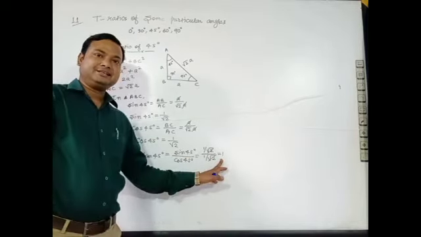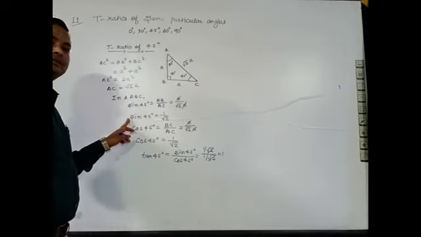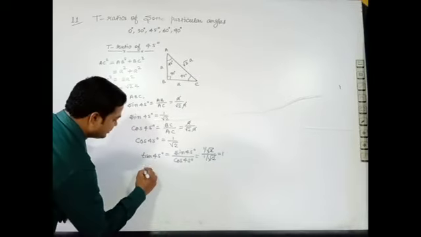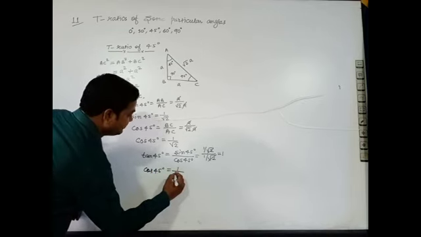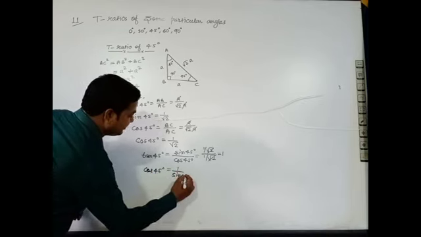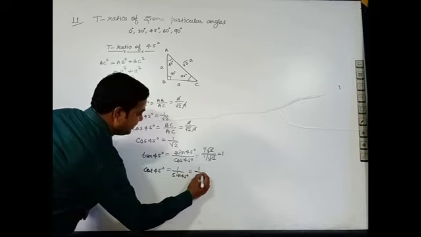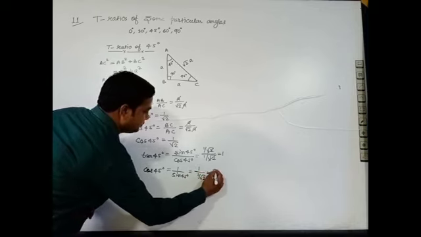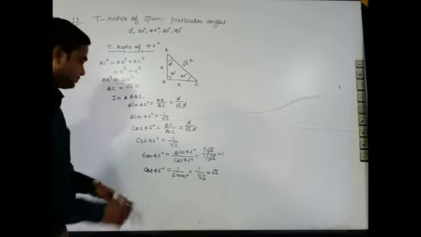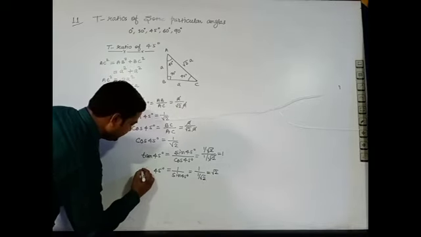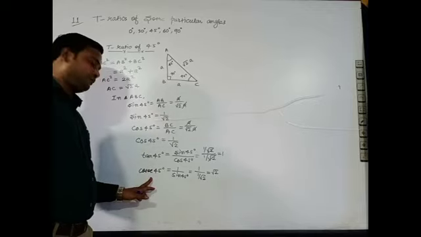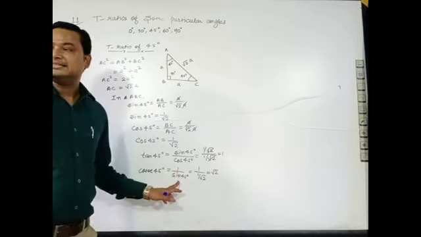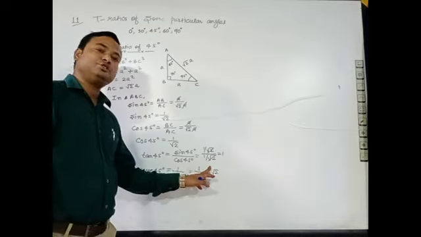Its reverse, cosec 45 degree equal to 1 by sin 45 degree, then its value is root 2.